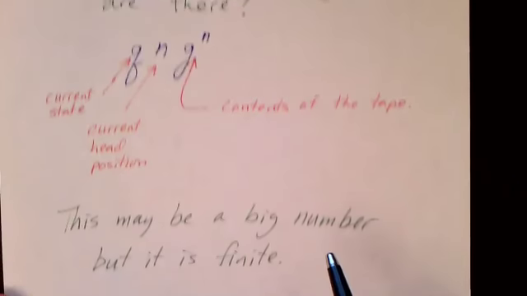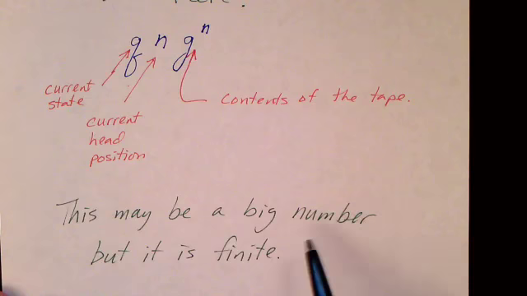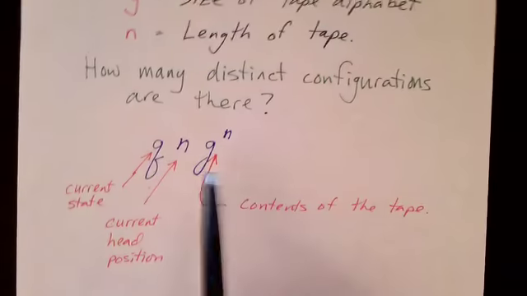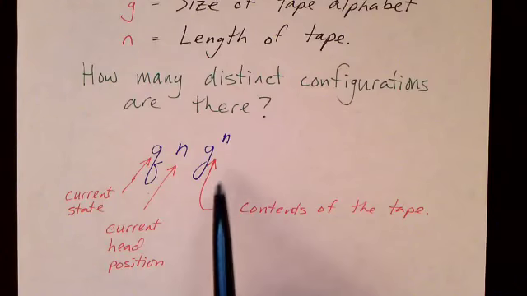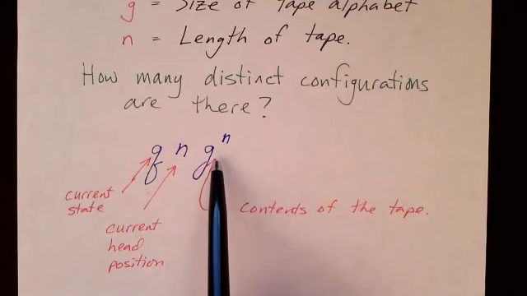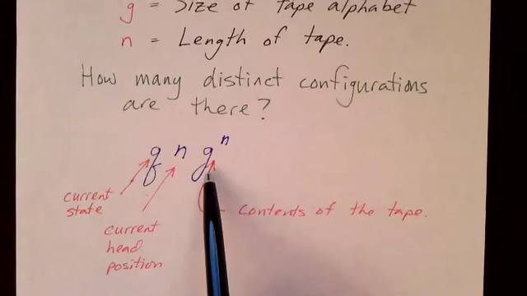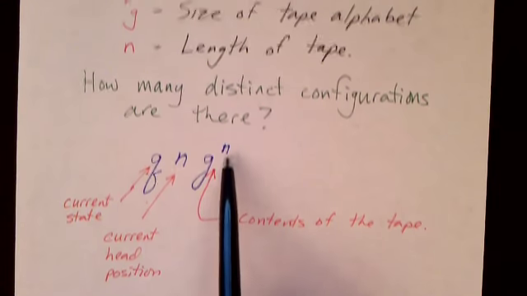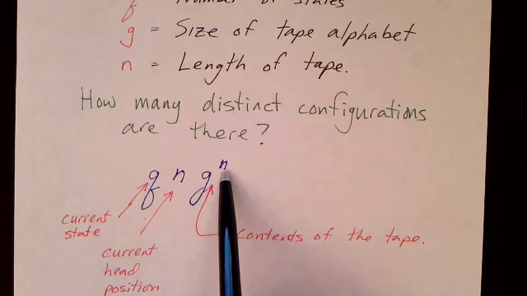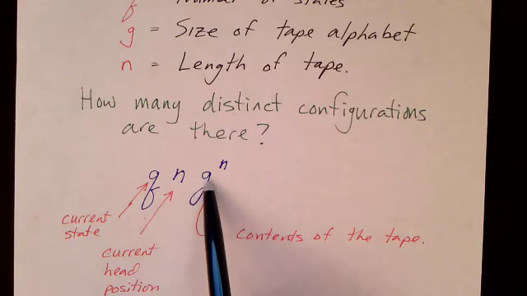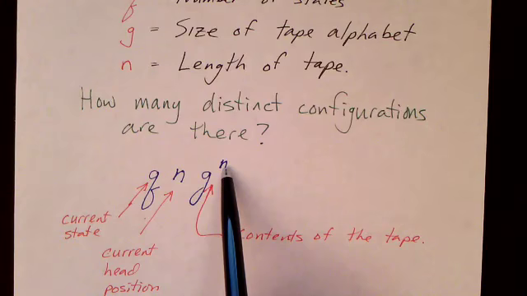Now, this may be a big number, but it's finite. In fact, it may be a really, really big number, but it's still finite. For example, if our tape alphabet has a modest 26 symbols, such as the English alphabet, and the tape is limited to, say, 1,000 cells, then what does this number look like? Well, 26 to the 1,000th power.